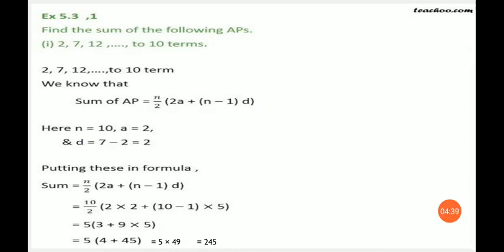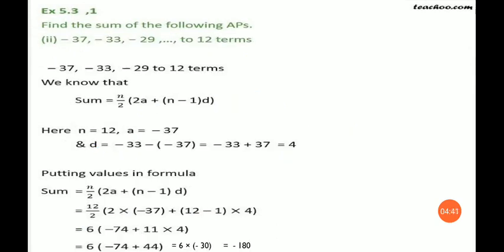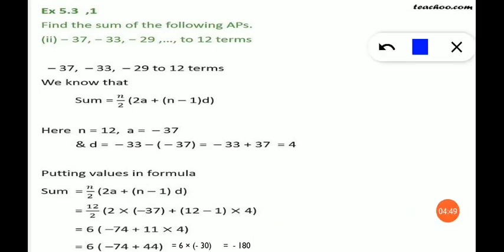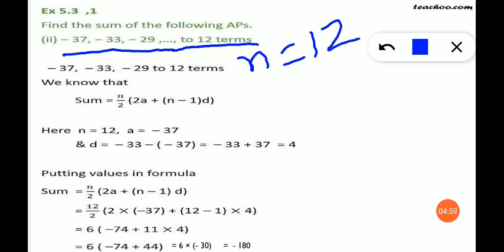Now moving towards the next part of this question, the second part, which says find the sum of the AP minus 37, minus 33, minus 29 up to 12 terms. So what do we get? n is equal to 12. a is equal to minus 37.